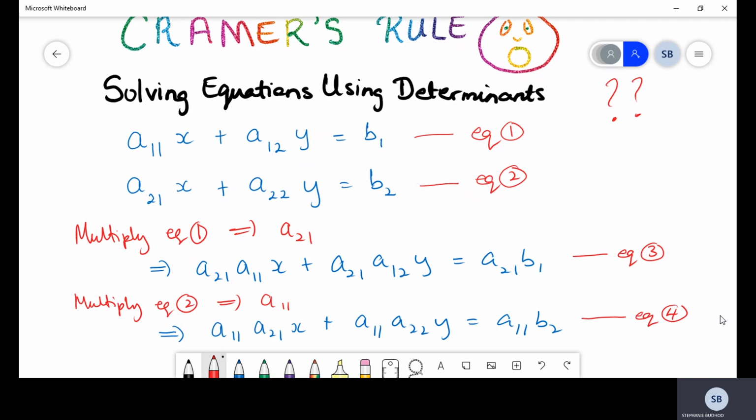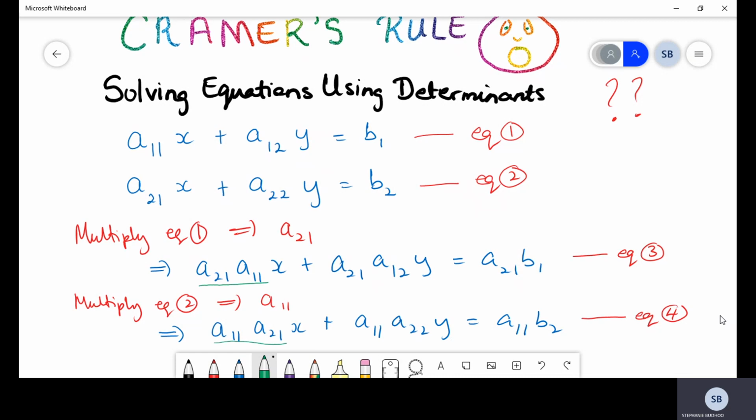Now, we have generated two new equations, equations 3 and 4, which if you observe them, do have similar coefficients of x now. We have A21 A11 and we have A11 A21.